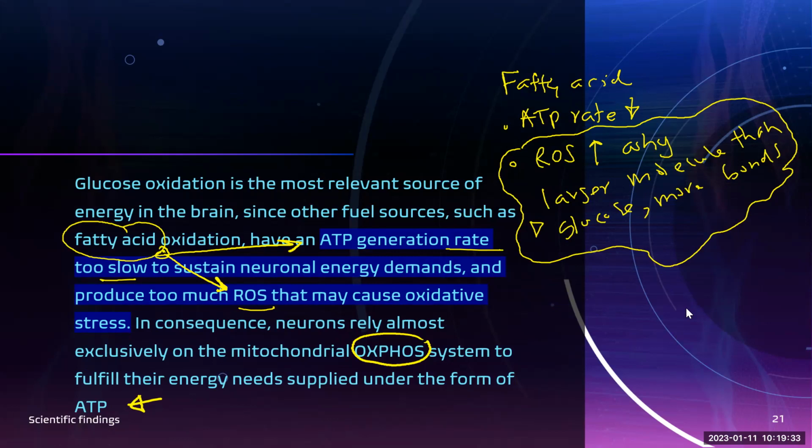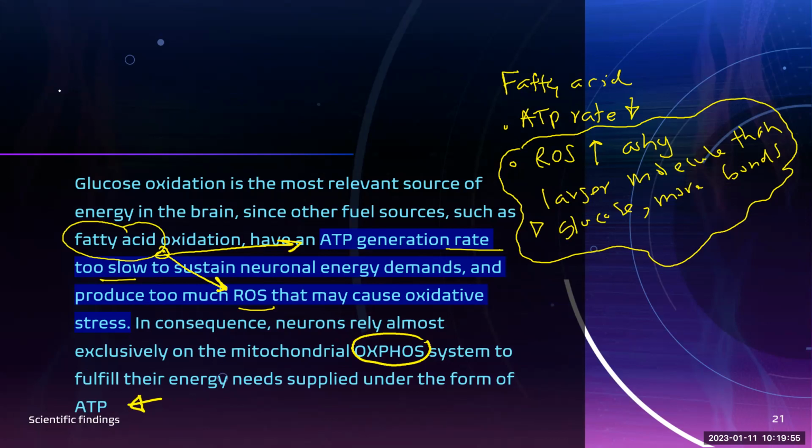Now, if the brain uses fatty acid, the generation rate is too slow, because it needs different pathways.